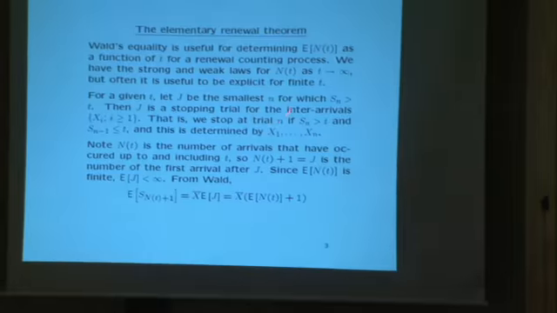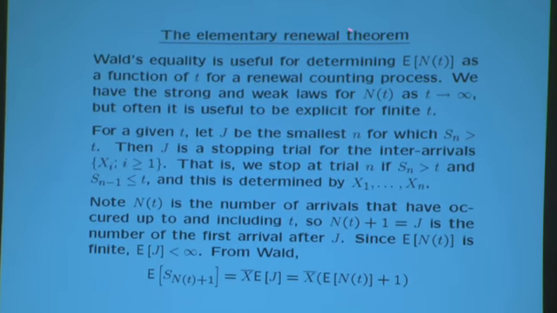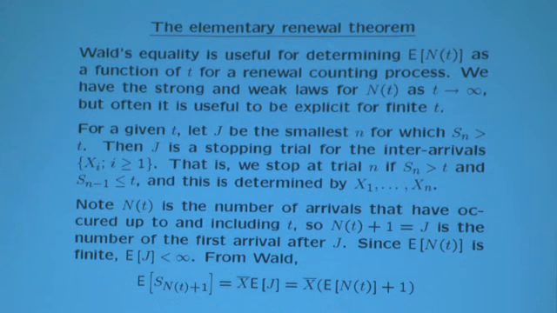Okay, anyway, what we want to do is to get some idea of why this elementary renewal theorem is true. Later on, we will study how to actually find the expected value of N of t. Okay, N of t is the number of arrivals that have occurred up to and including t. So N of t plus 1 is the number of the first arrival after t.